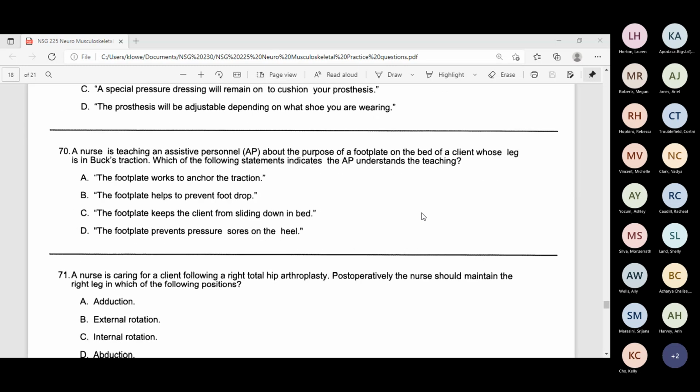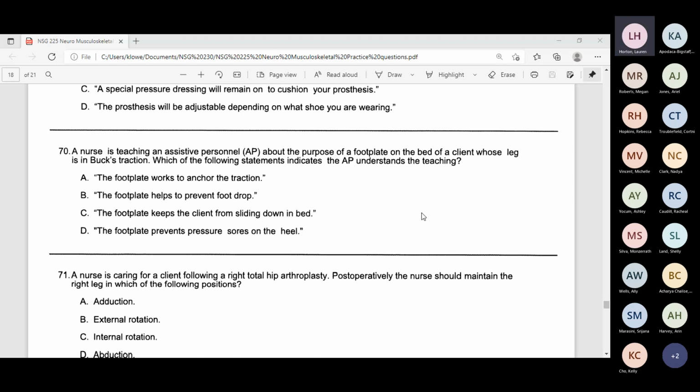Nurse is teaching assistive personnel about the purpose of a foot plate on the bed of a client whose leg is in Buck's traction. Which of the following statements indicates the assistive personnel understands the teaching? So why would we put a foot plate on the bed? Do you know what a foot plate is?